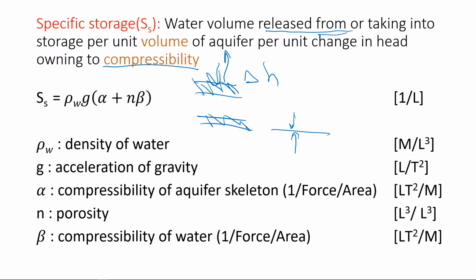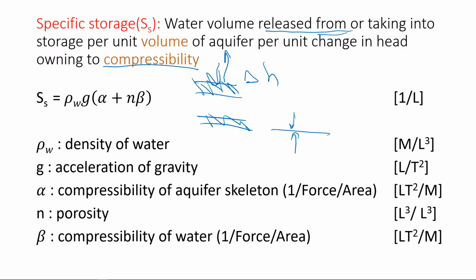Based on elasticity, with any increase in pressure the mineral skeleton contracts, and with a decrease in pressure the skeleton expands. So with an increase in pressure, the water will contract, and with a decrease in pressure, the water will expand.